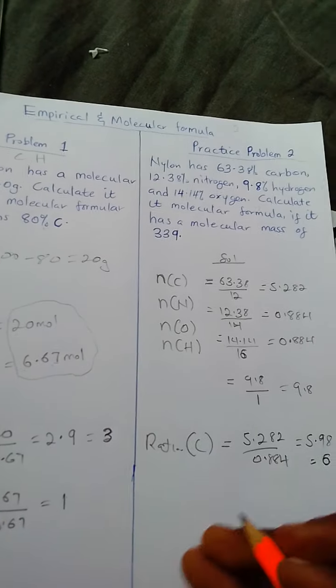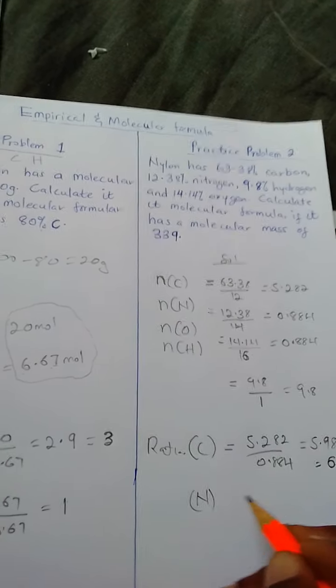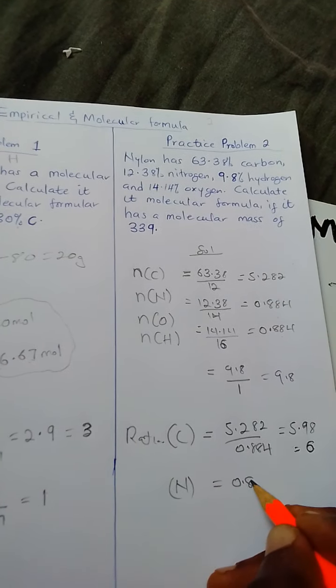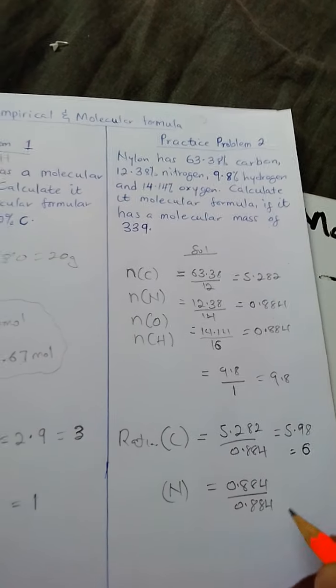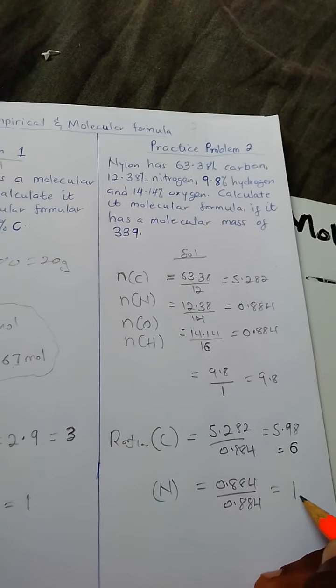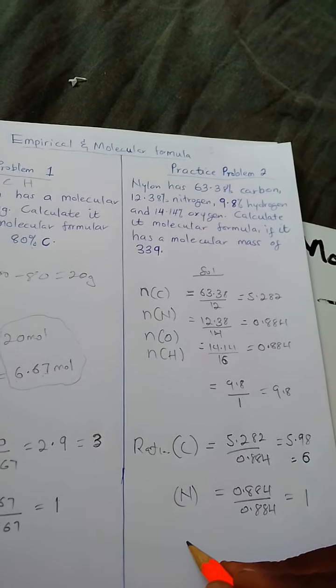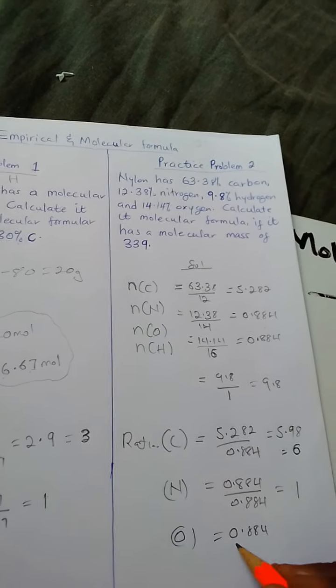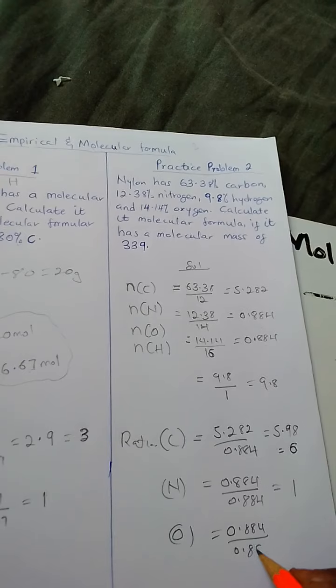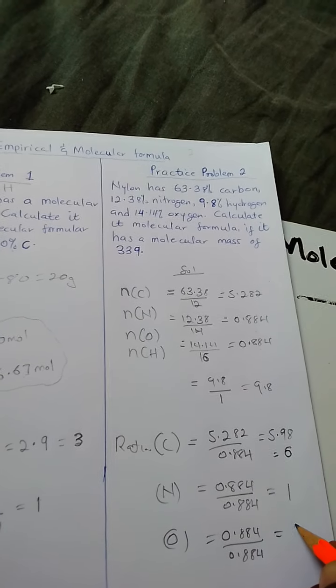Now that of nitrogen becomes 0.884 over 0.884, which is 1. That of oxygen too is 0.884 over 0.884, which is also 1.